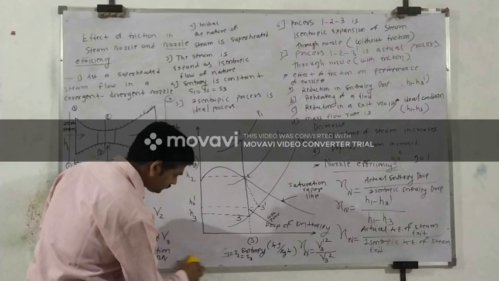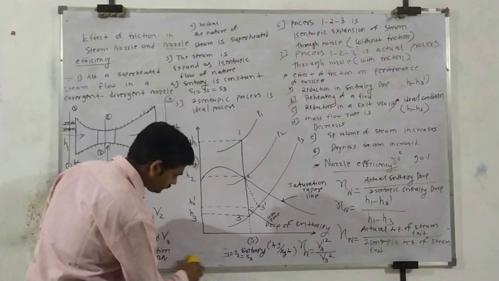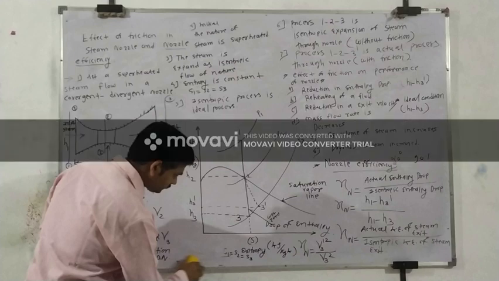CD is equal to m dot upon actual, means what is we write down here? m dash dot, m dot. Yes or no? Yes.